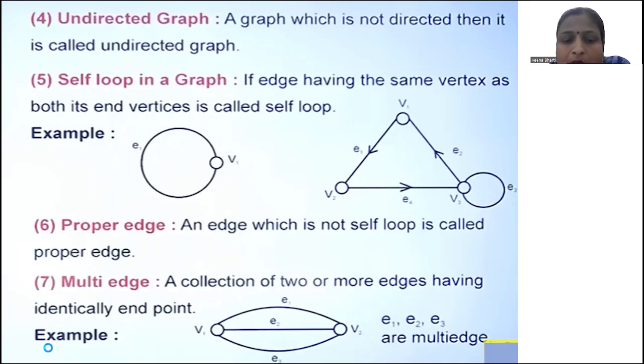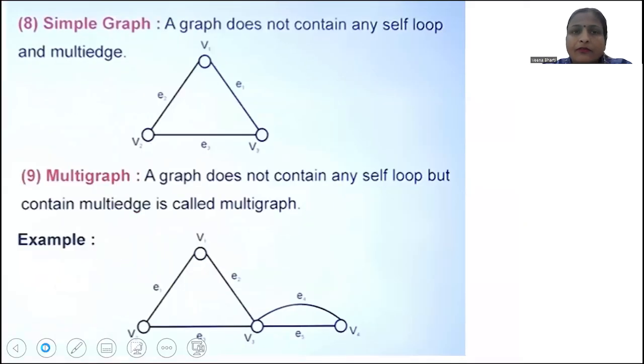Multi-edge: a collection of two or more edges having identical endpoints. In this diagram, V1 and V2 are two vertices and the edges joining the two vertices are E1, E2 and E3. So that is called the multi-edge. Then the simple graph: a graph that does not contain any self loop or multi-edge is called a simple graph.